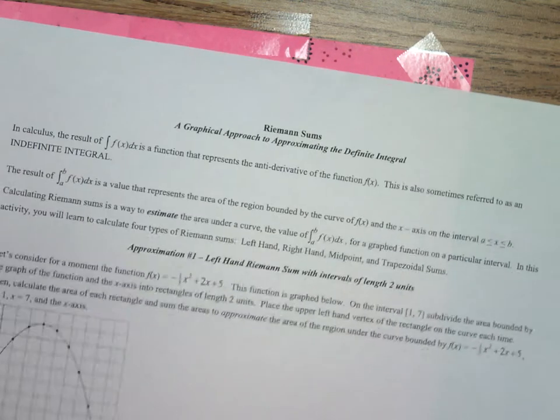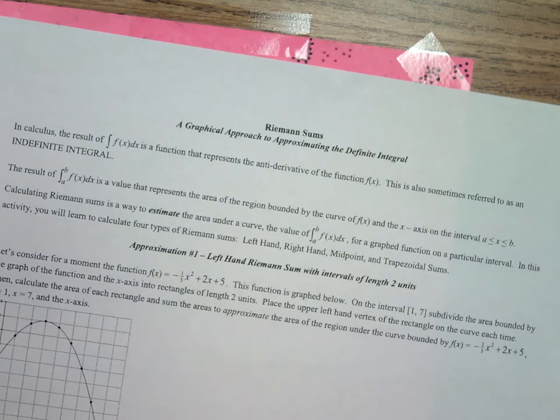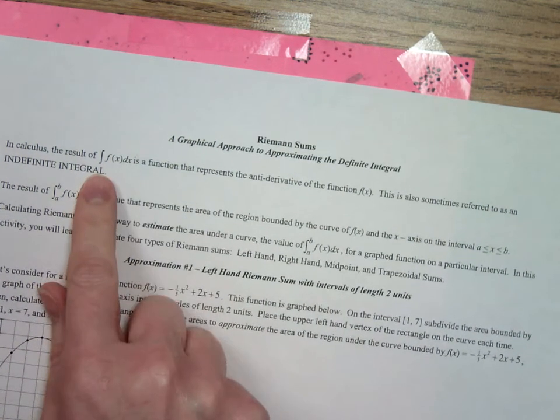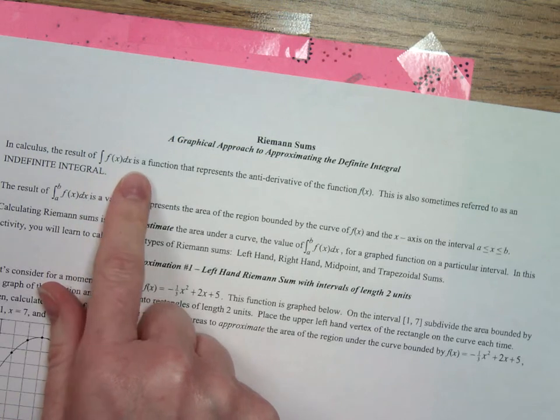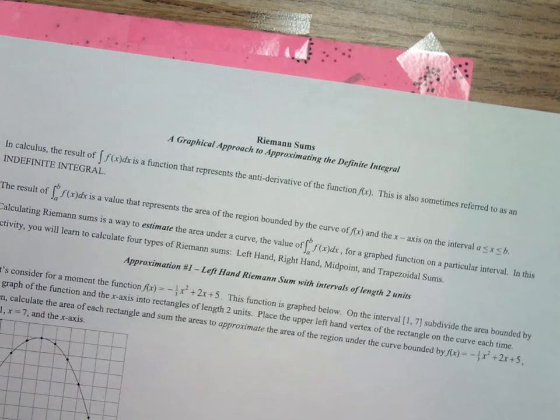Alright, you have this sideways page, that's where we are today. So in calculus, the result of the integral of f of x dx is a function that represents the antiderivative of the function f of x. It's sometimes referred to as an indefinite integral.